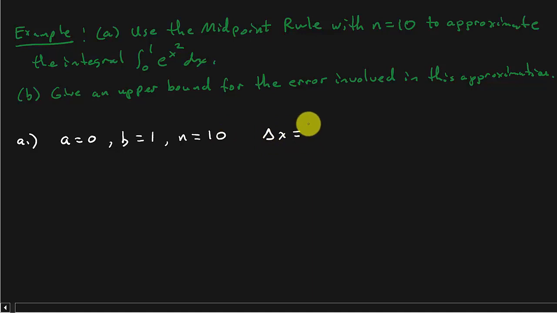Let's just write the formula down: delta x is equal to b minus a over n. So that's b minus a over n, where n is 10. So that is 0.1. That's delta x.